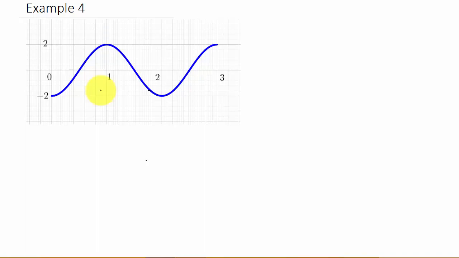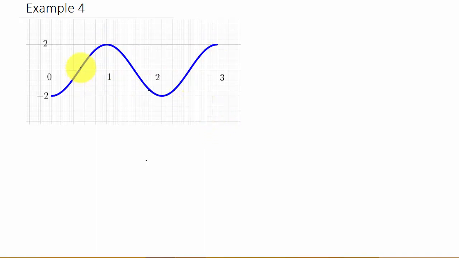Examples 5 and 6 have a horizontal shift, one sine, one cosine. And videos 7 and 8 will have a horizontal and a vertical shift, one sine, one cosine. But just to point that out, we could look at it like that.